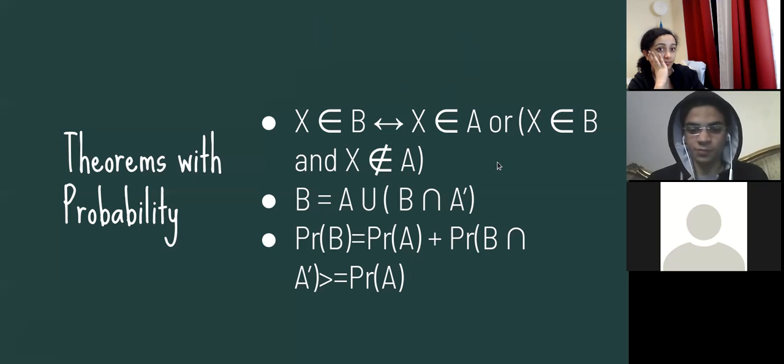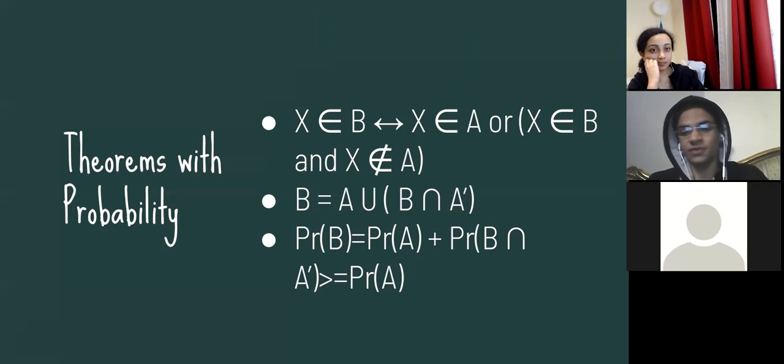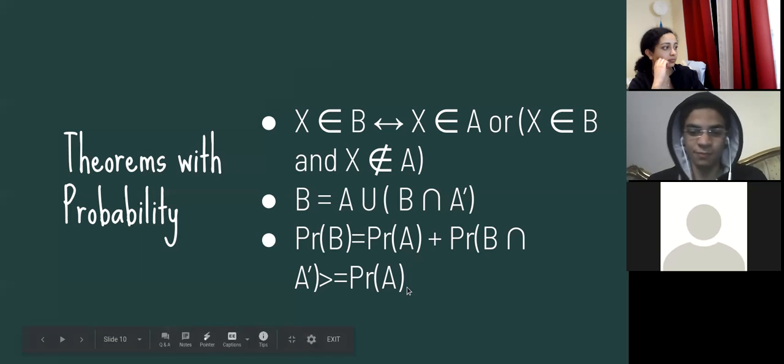This is just the same methods we used before. We are proving the equality of two sets, and then based on that, we are applying our axioms in probability theory, and we reach our new conclusion, right?